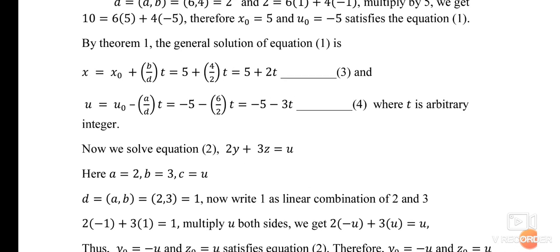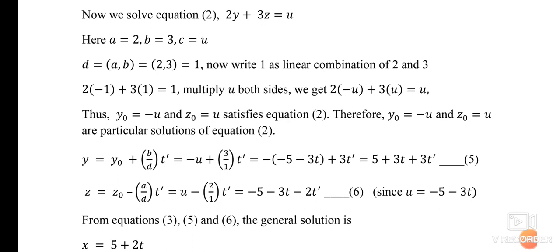U value is given in equation 4. So, substitute u value minus 5 minus 3t plus 3t dash, which is equal to 5 plus 3t plus 3t dash. Now, z equal to z naught minus a by d into t dash, substitute z naught, a, d value, we get u minus 2 by 1 into t dash. So, substitute u value, which is equal to minus 5 minus 3t minus 2t dash, which is 6.